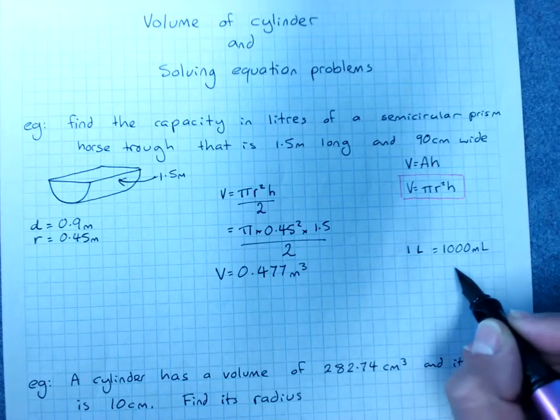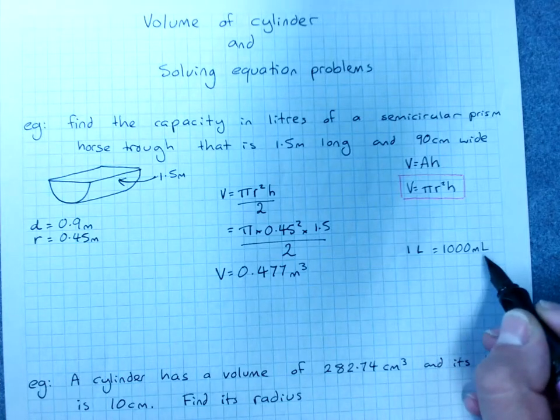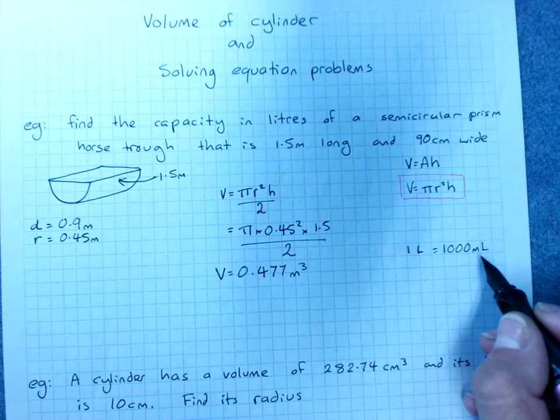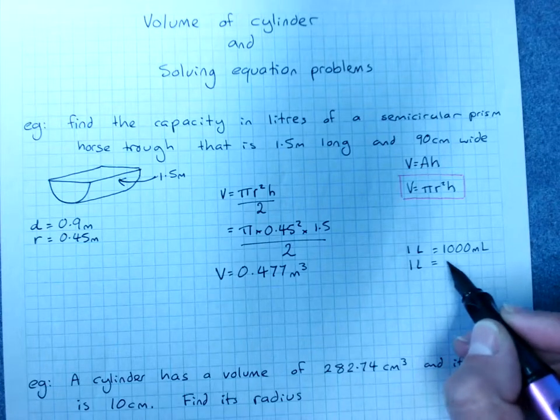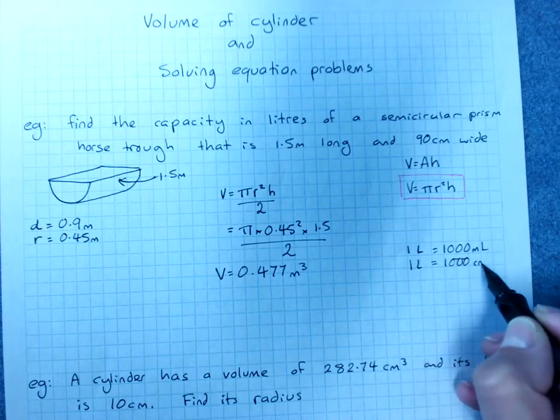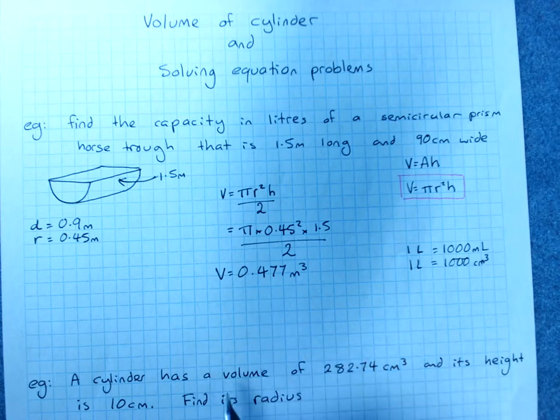Remember a millilitre is the amount of liquid that could be held by 1 cubic centimetre. So 1 litre is going to be 1,000 centimetres cubed, but we're in metres cubed.